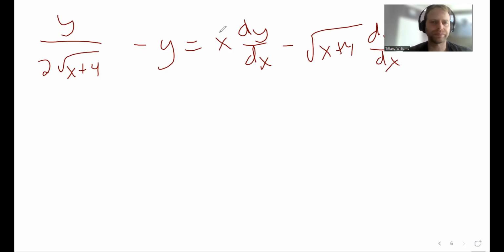Okay. All right. Now, again, for the first time in the examples that I've done, I'm going to have to do this next step because I have multiple terms with dy dx. The reason you move them all to one side of the equation is that now it's a common factor, and you factor it out.